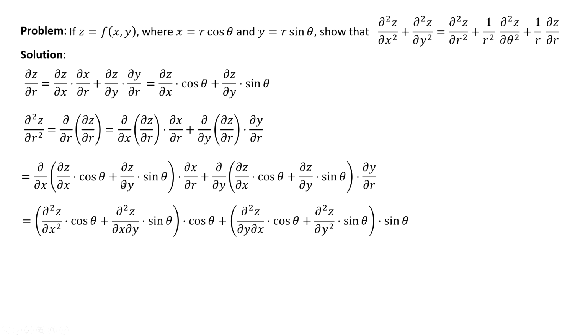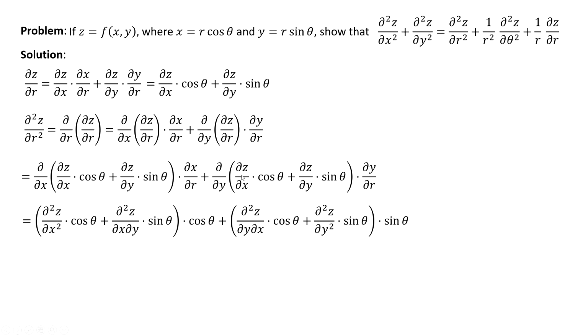And so again, this is second partial z with respect to x and y times sine theta. Yeah, because we are dealing with partial with respect to x and partial x with respect to r, we already saw that was cosine theta. I just plugged that in.